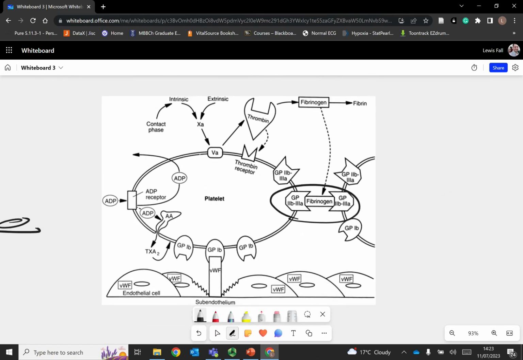So let's just bring this back across and hone in a little bit better on what we now want to talk about. Just get rid of this, like that. Okay, first things first. We're going to look at this thing here, glycoprotein 1b.